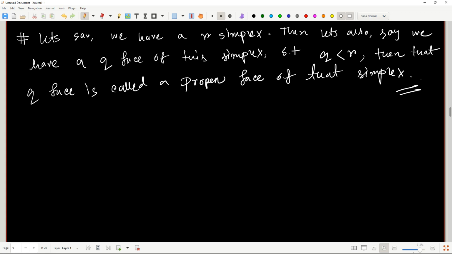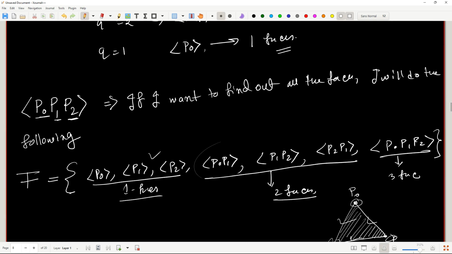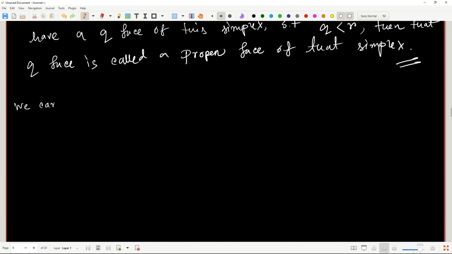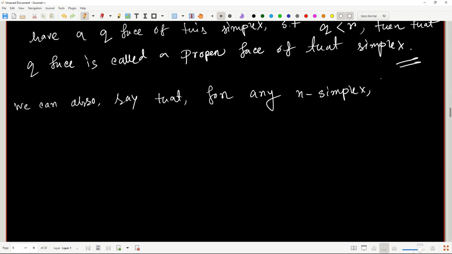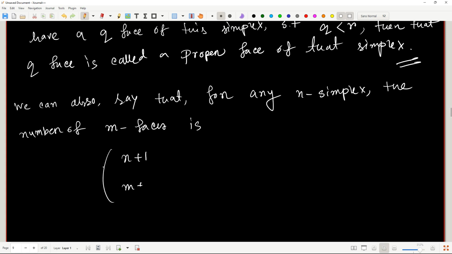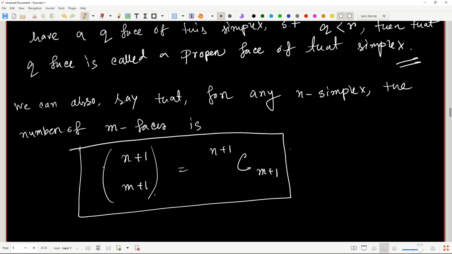And yeah, so this is our discussion about faces, and from this example and the previous one, we can also say that for any n simplex, the number of m faces is given by the combinatorial expression n plus 1 choose m plus 1. Okay.